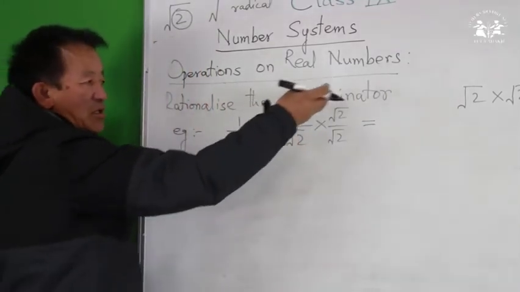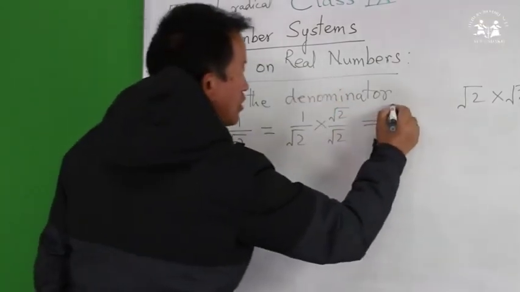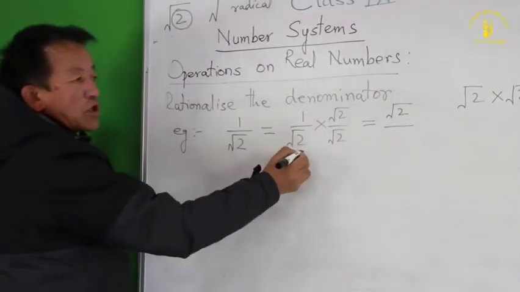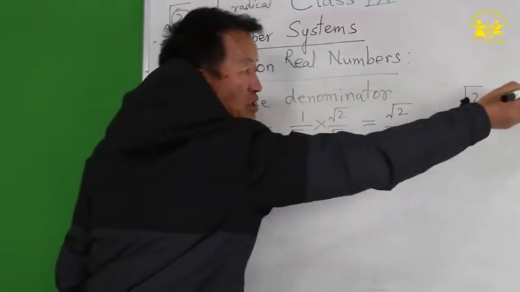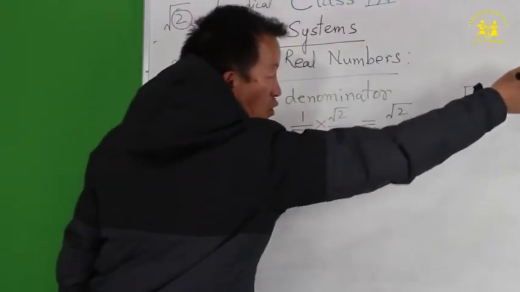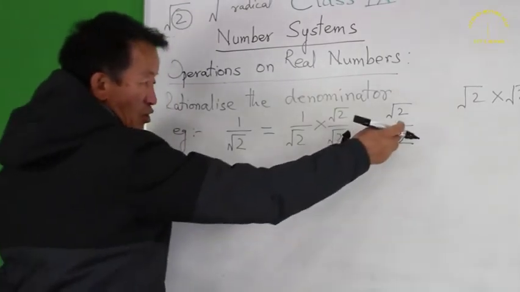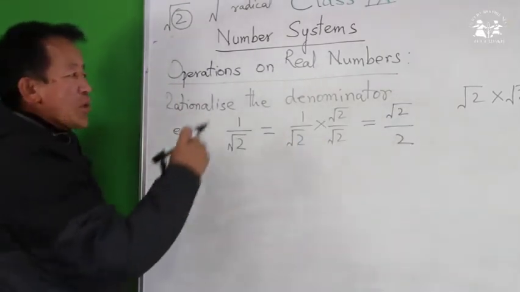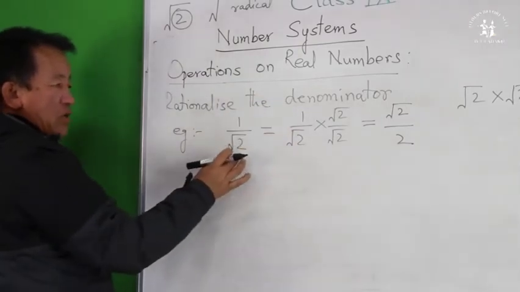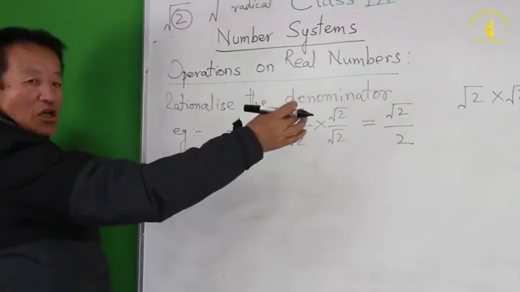The denominator we multiply, it's square root of 2 into square root of 2, which is equal to square root of 2 square. Square and root cancel, 2. Now 2 is a rational number. So we have converted the denominator from irrational to rational. Rationalize the denominator.